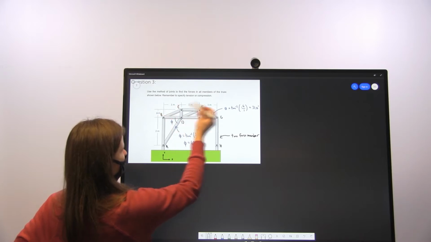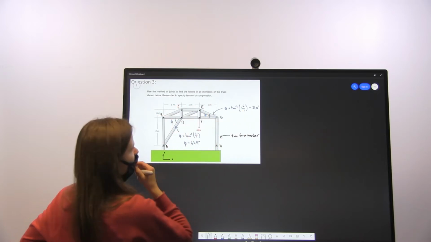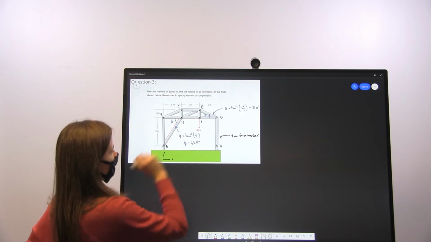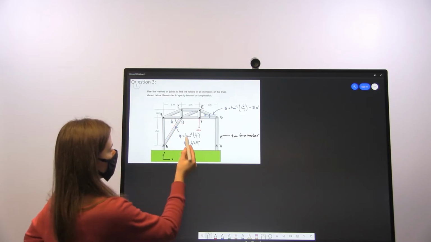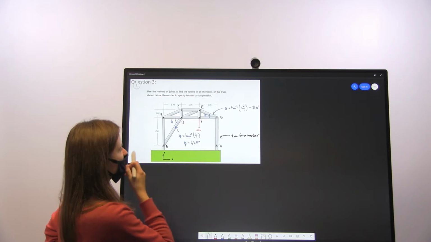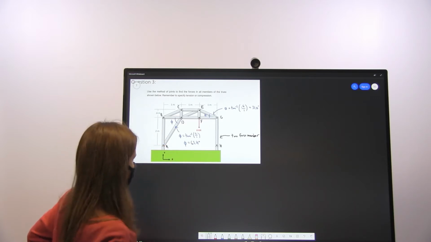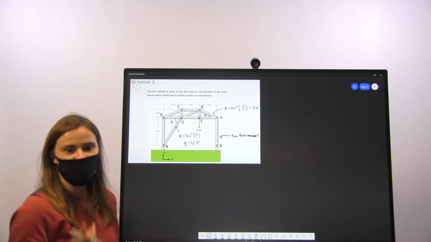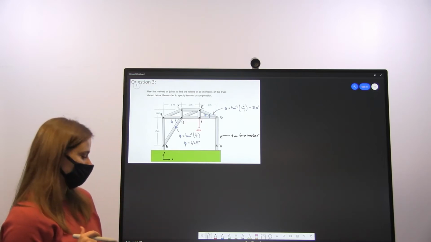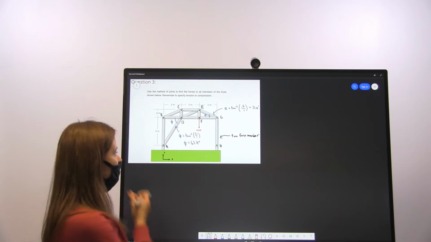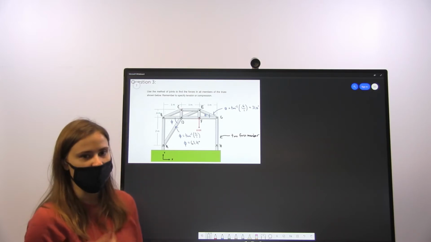Opposite is 0.6 over adjacent 1, and that's equal to 31 degrees. And then here we have phi, which is inverse tangent of 2 over 1, and that's 63.4 degrees. We're going to need those for our different equations when we do the method of joints, for those different intersections.